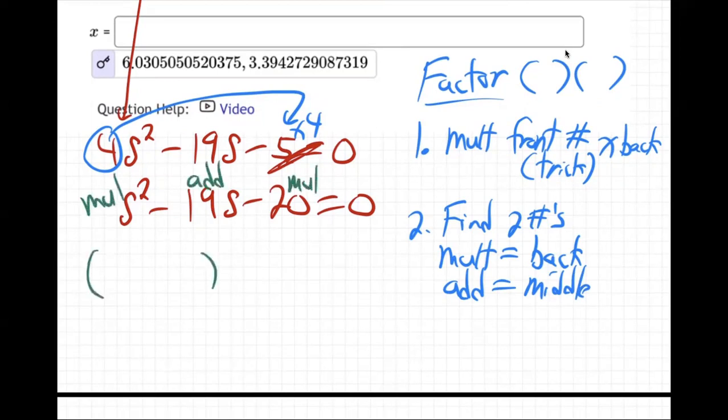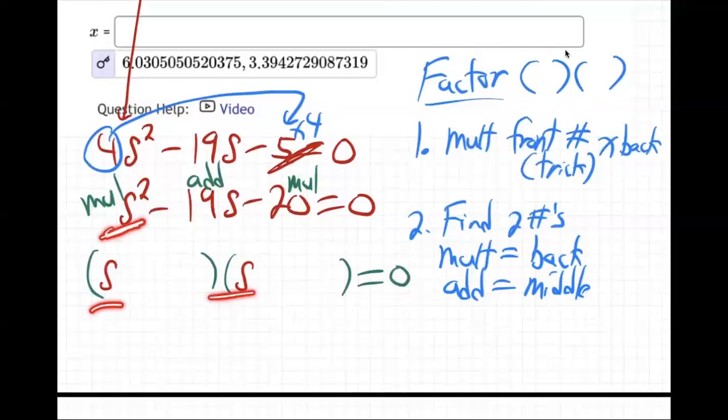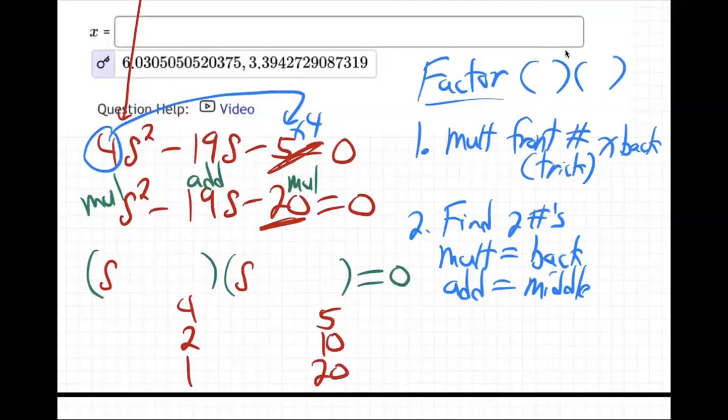I'm looking for two parentheses, and there's going to be S here and S here, because S times S multiplies to be S squared. Then what's going to go at the back? What are two numbers that multiply to be 20? Well, 4 times 5 multiplies to be 20, and so does 2 times 10, and so does 1 times 20. We'll do the negative thing in a minute, but they multiply to be 20.